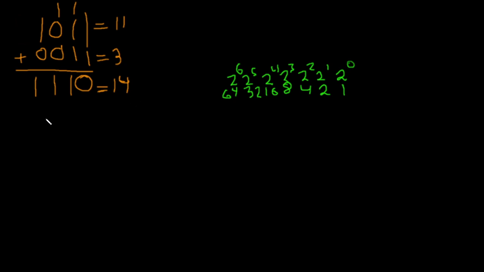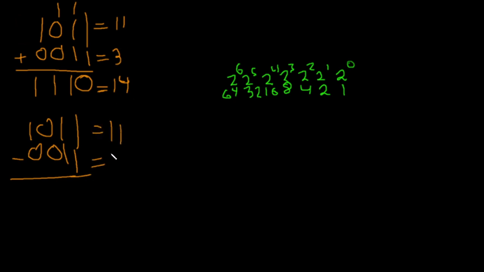And then subtraction is pretty much the same. Let's say 1 0 1 1, we'll do the same numbers, minus 0 0 1 1. So that's 11 minus 3, which should be 8.